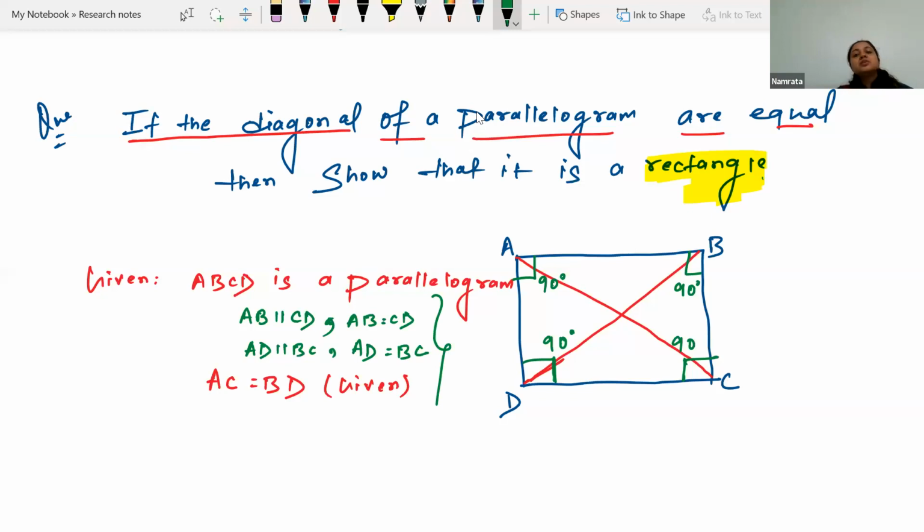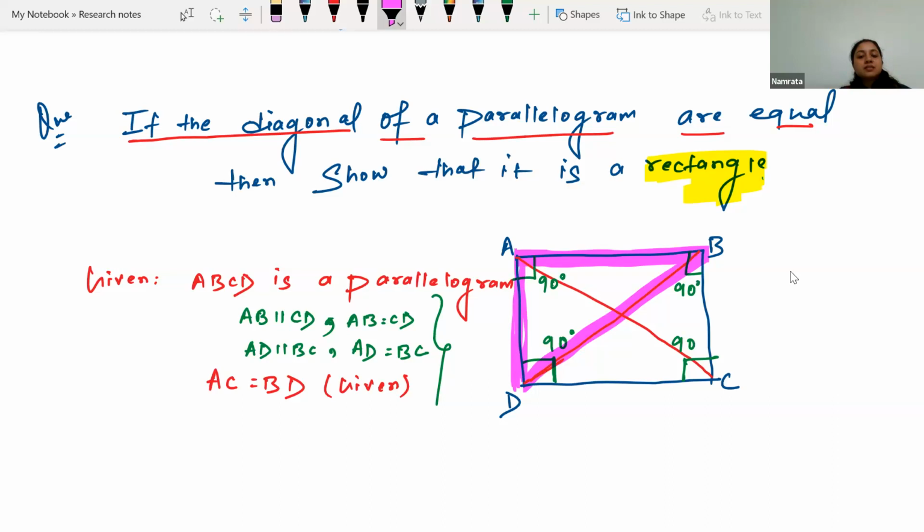So that we can use them to prove congruency of two triangles, which will help us prove that each interior angle is 90 degrees. So if each interior angle is 90 degrees, that's what we want to prove. So let's take any triangle. Let's take this triangle, triangle ABD.